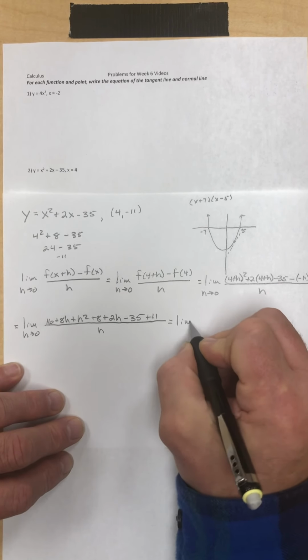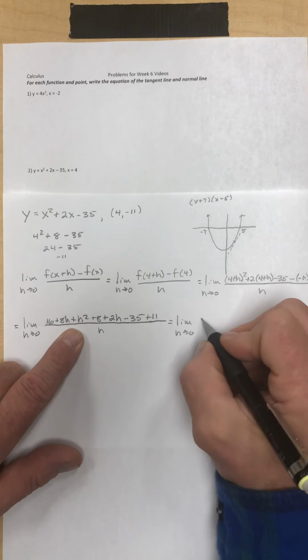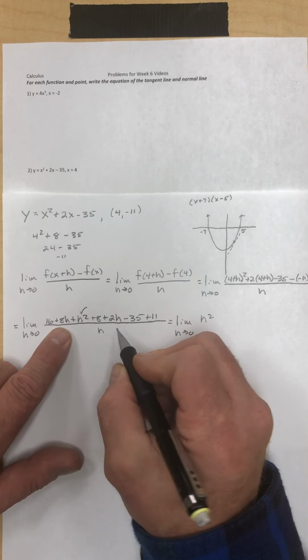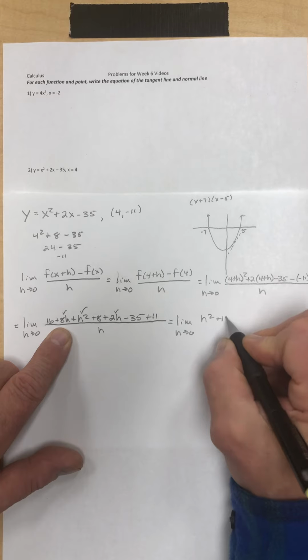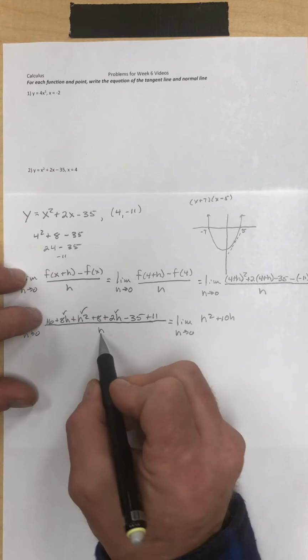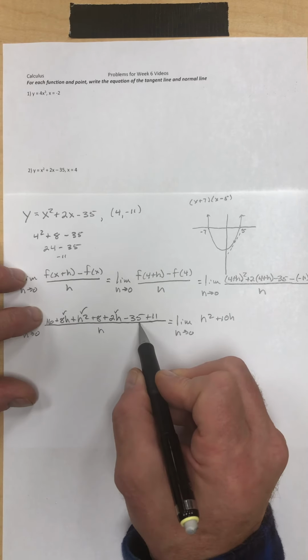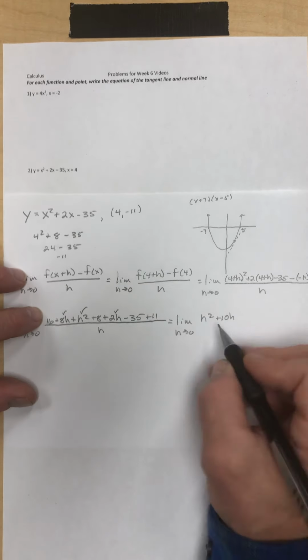The limit as h goes to 0. I've got an h squared, that takes care of this guy. I've got an 8h and a 2h, so that's my 10h. And I've got 16 plus 8, that's 24, and then negative 35 plus 11 would be negative 24, so they all go away.